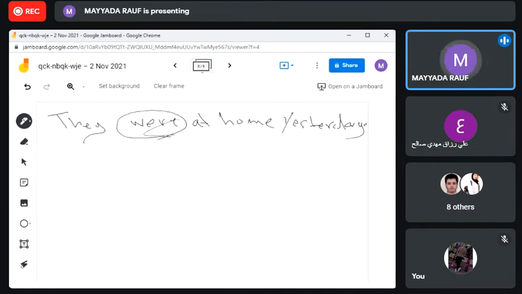Okay, so when I want to change this into a question, I don't need to get another auxiliary verb, because I already have one here.